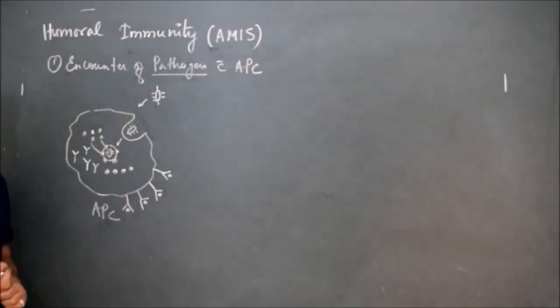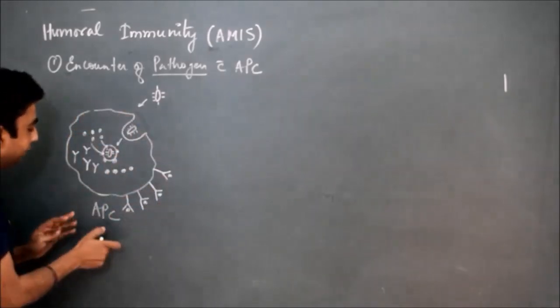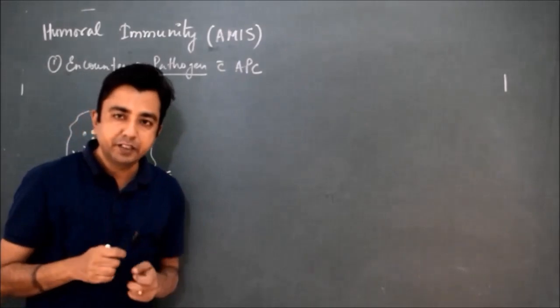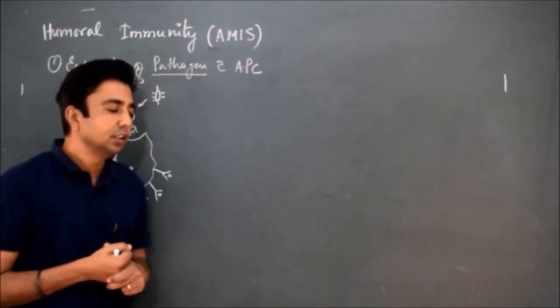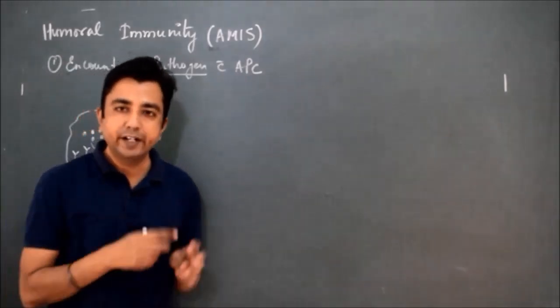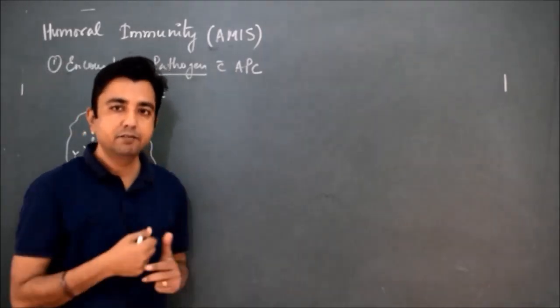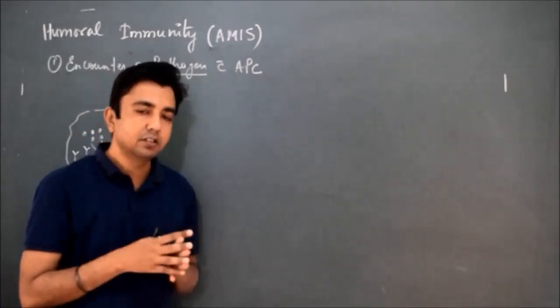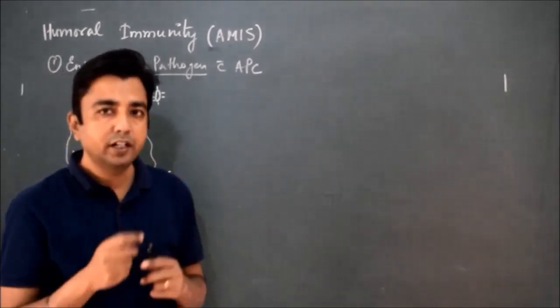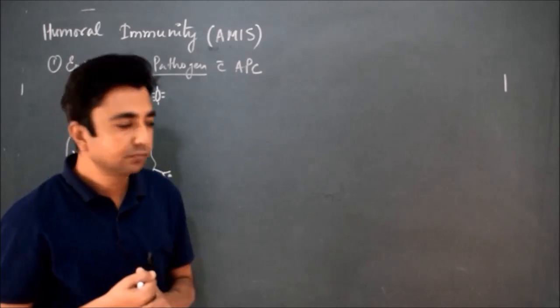Now what will happen? This APC is present at the site of infection. Now this APC will go to the nearby lymphatic organ, means the lymphatic organ which is present near to the site of infection.